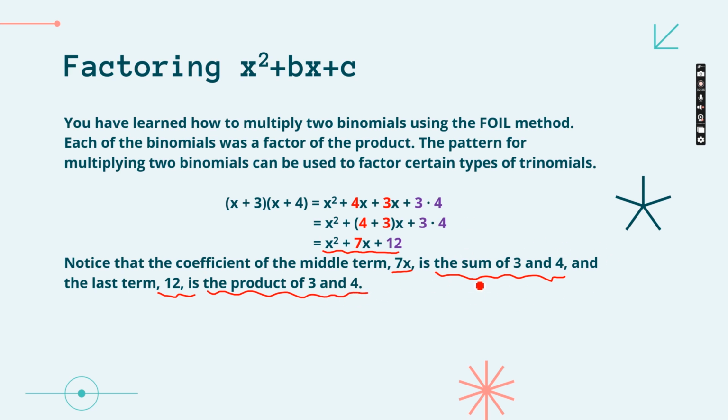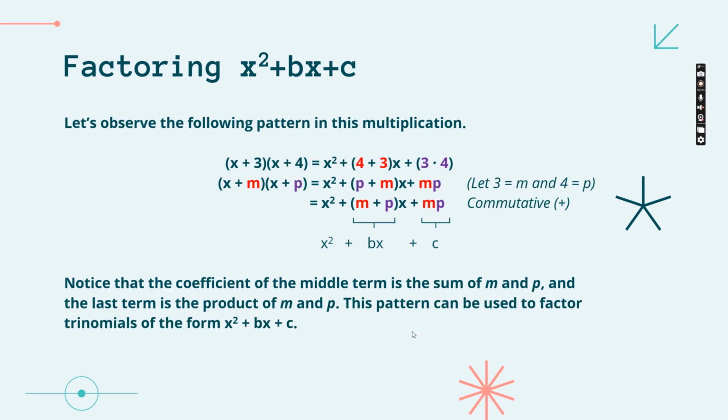Keeping this in mind, we can use some method to solve problems like this. If we generalize, we get x plus m times x plus p, replacing 3 and 4 with m and p.